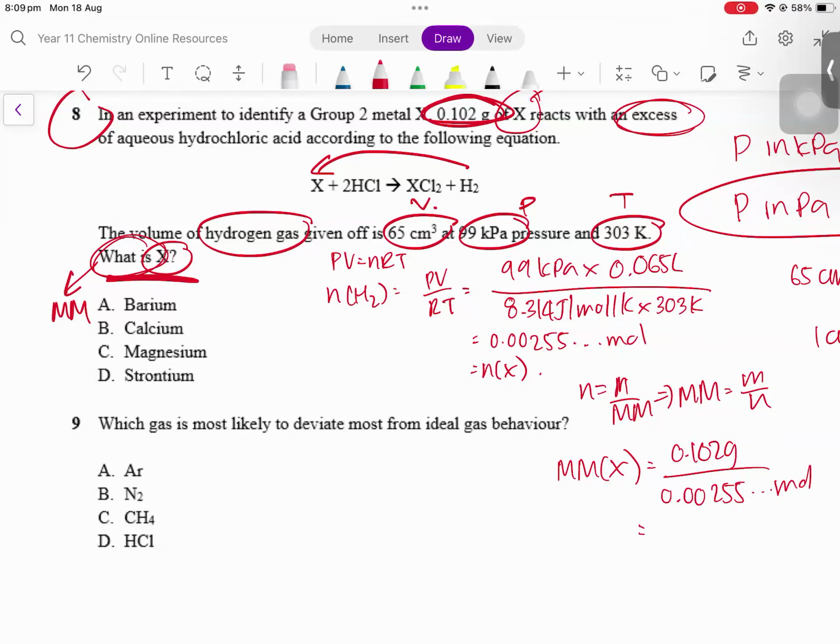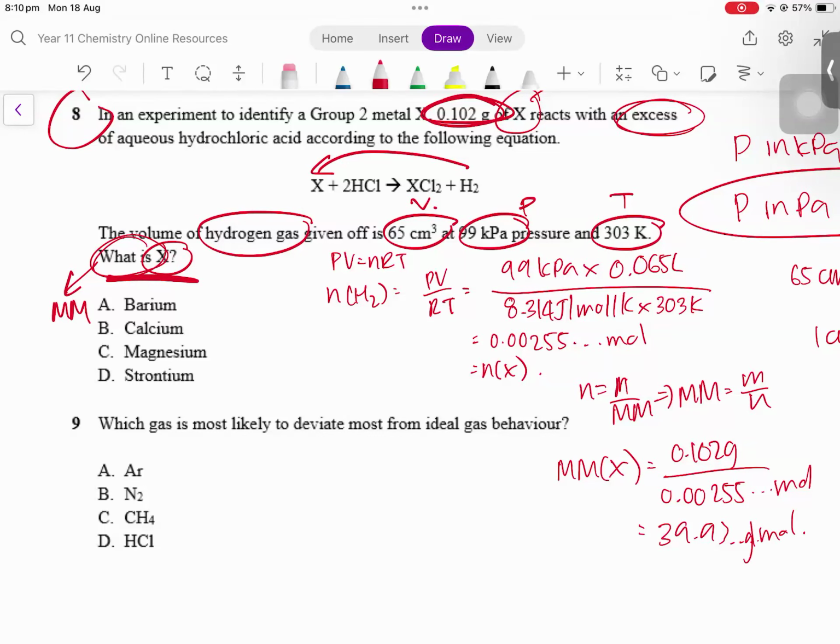Then what is the molar mass of this unknown X? 39.93. Oh, grams per mole now.